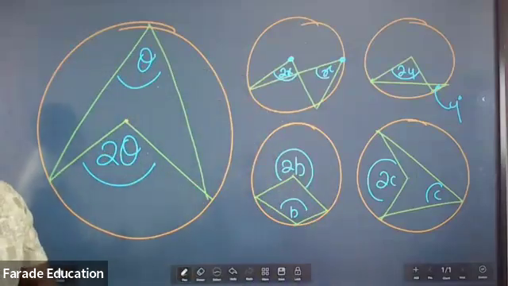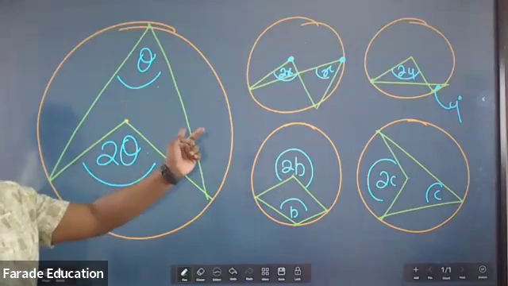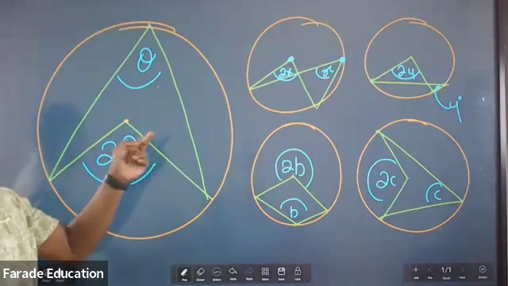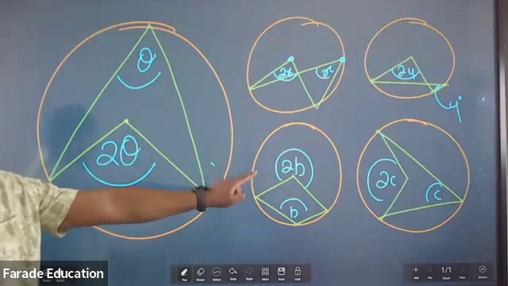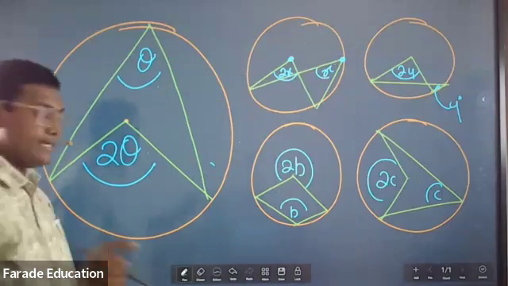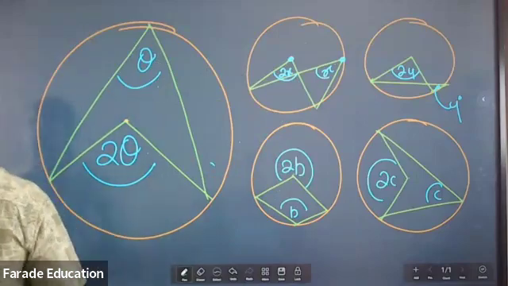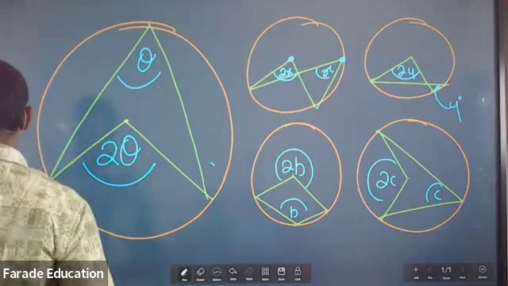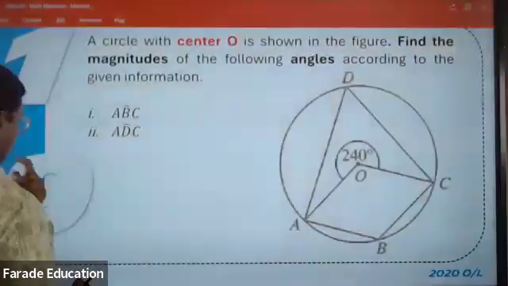Clear? You all have always seen this and always looking for this. No. The theory, angle subtended at the center is twice the angle subtended at the circumference. That is the theory. Now we'll go for the answer because it's a direct theory.